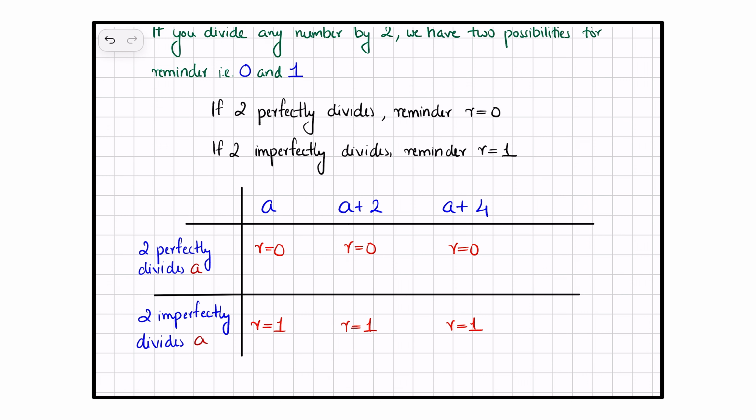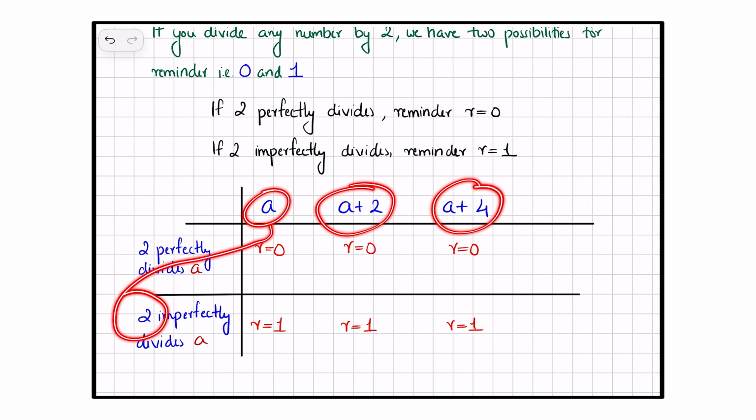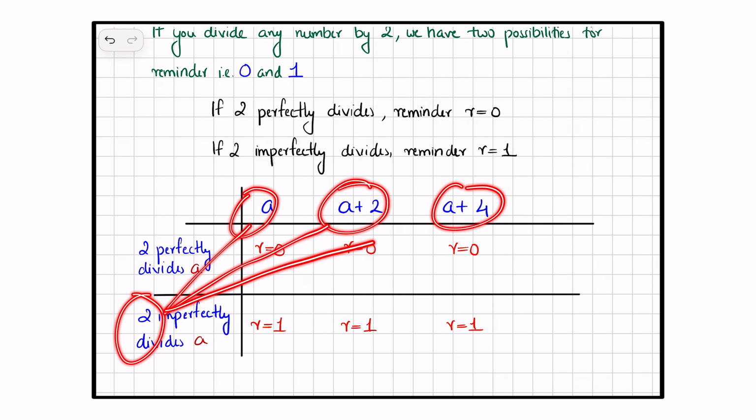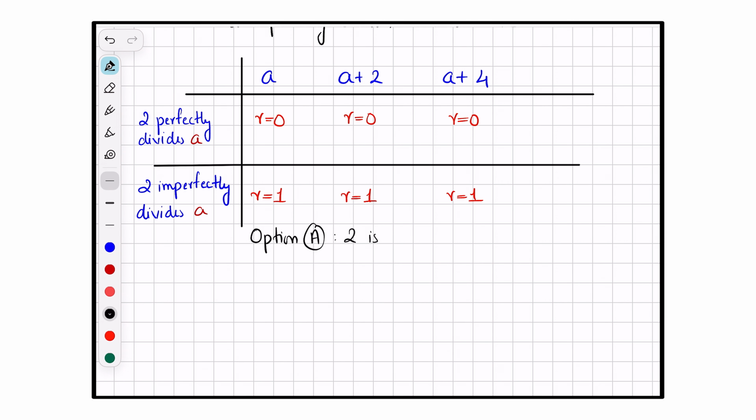That means none of these three numbers is a multiple of 2. That means we do not follow the given criteria of the question, that any one of these numbers should be divisible by 2. That is not possible because the remainder is 1. Therefore option A, 2, is not the correct answer.